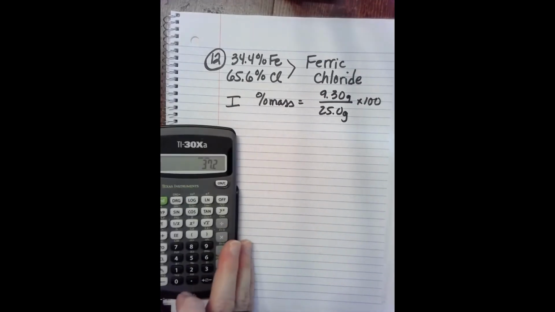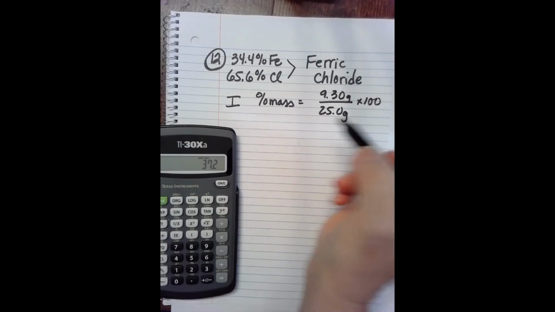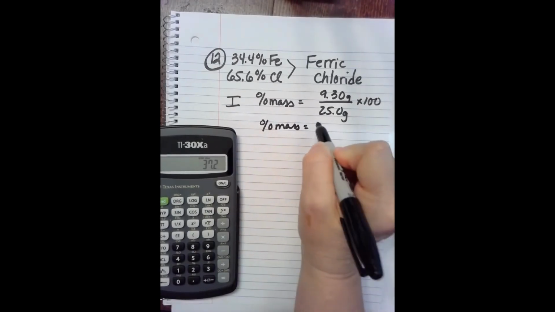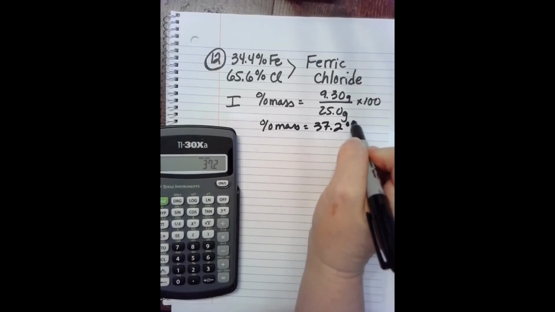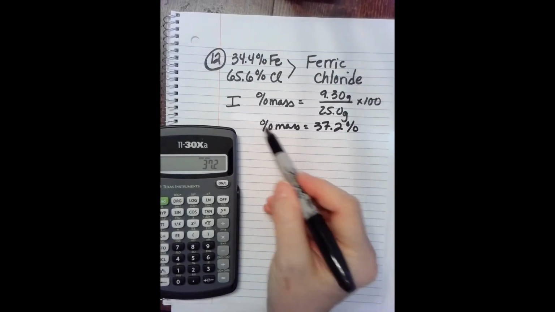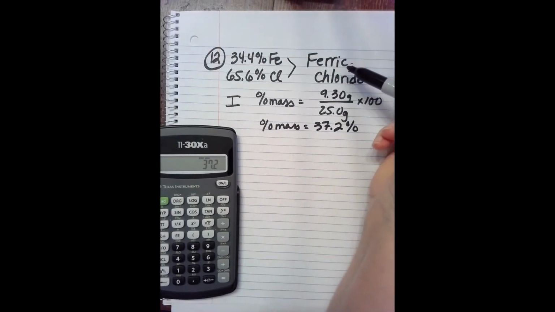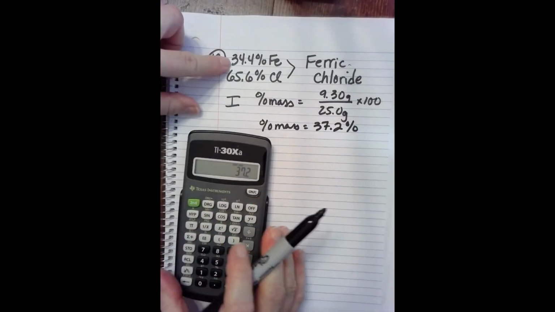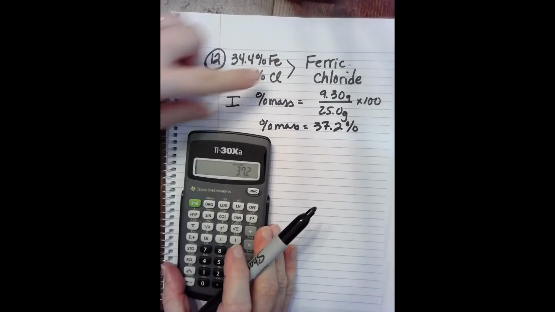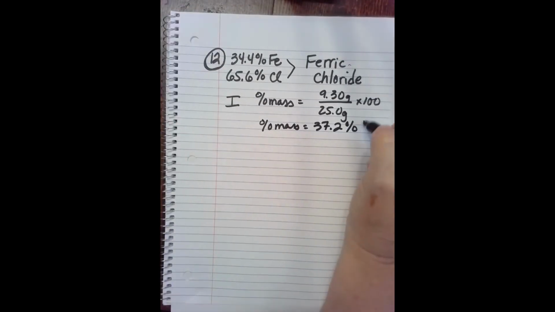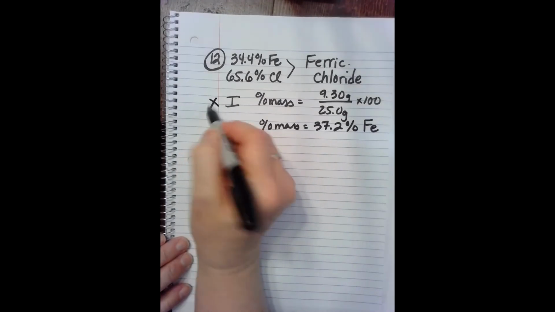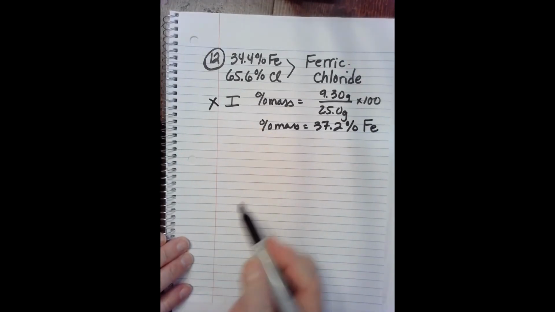That percent by mass equals 37.2%. Can this compound be ferric chloride? No, it cannot be, because ferric chloride has to be 34.4% iron. This is 37.2% iron. So that one is eliminated. It cannot be ferric chloride.